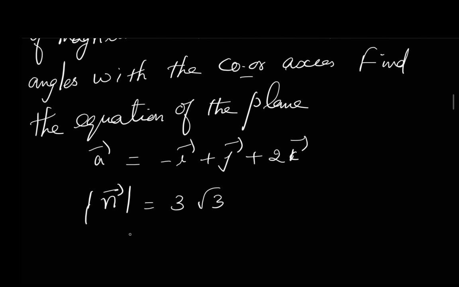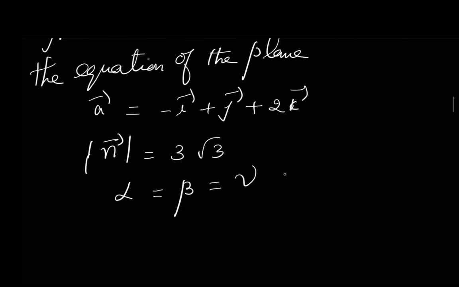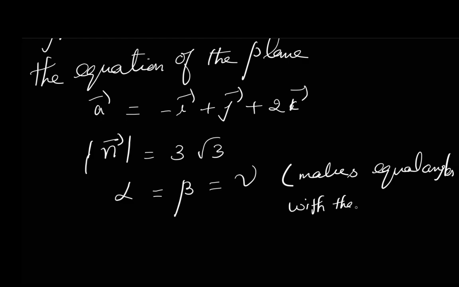So it makes an angle alpha with the x-axis, beta with the y-axis and gamma with the z-axis. It makes equal angles with the coordinate axes.